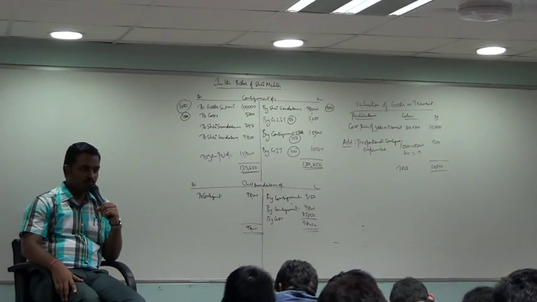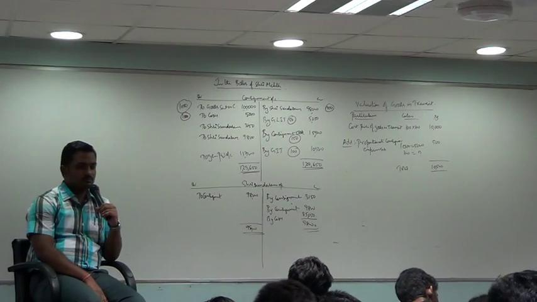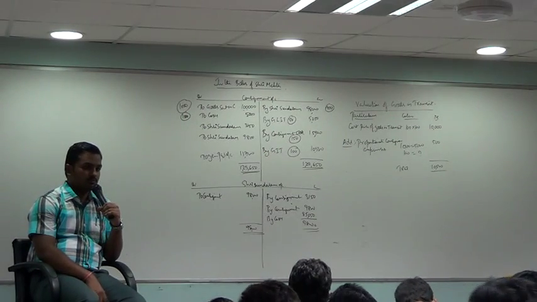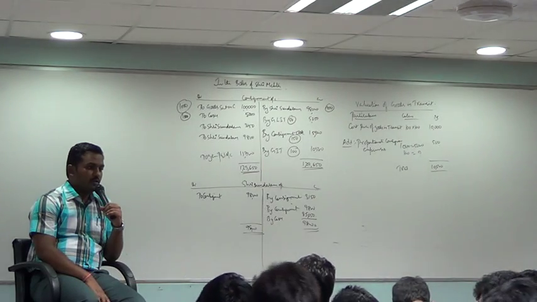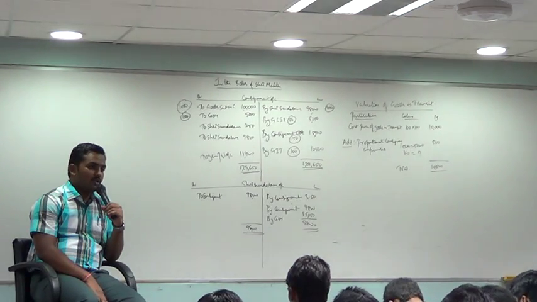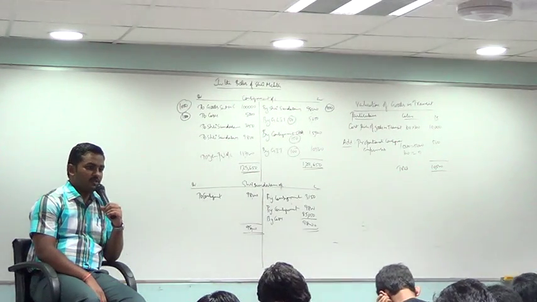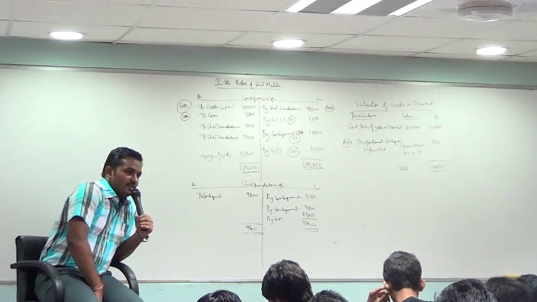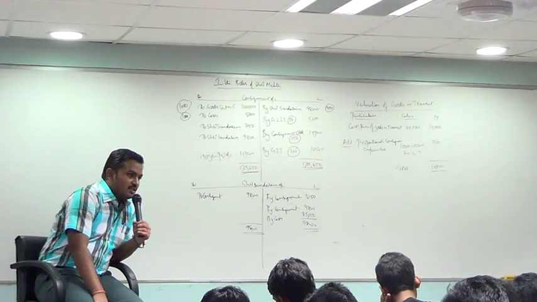Next, write down. When goods are sold for cash, cash is coming in. Cash account debit to consignor.